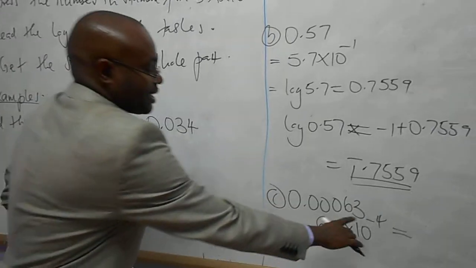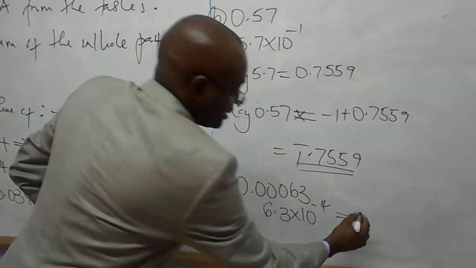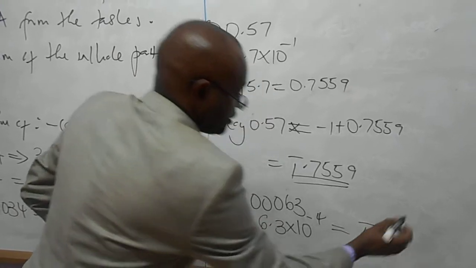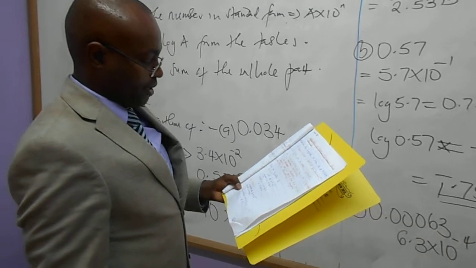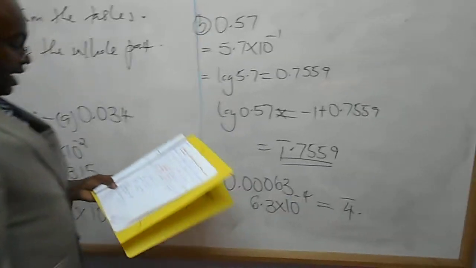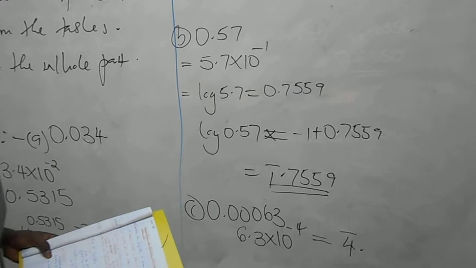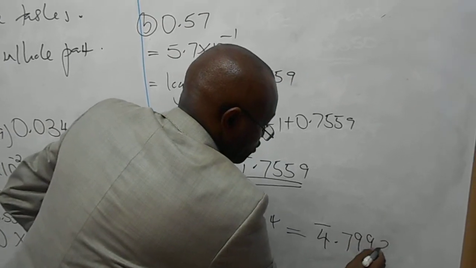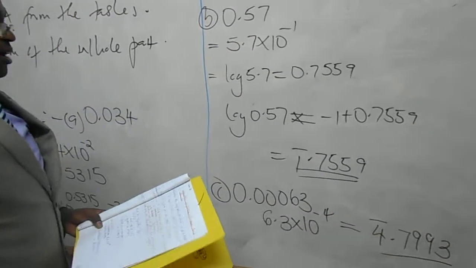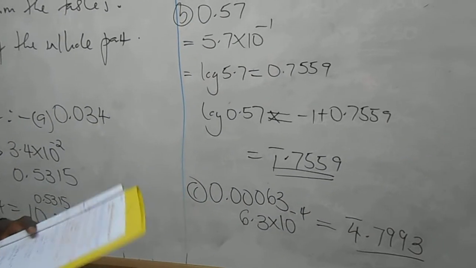The characteristic is bar 4. What is the log of 6.3? If you read that from the mathematical tables, you get 0.7993. So it's bar 4.7993, and that is the logarithm of that particular number.